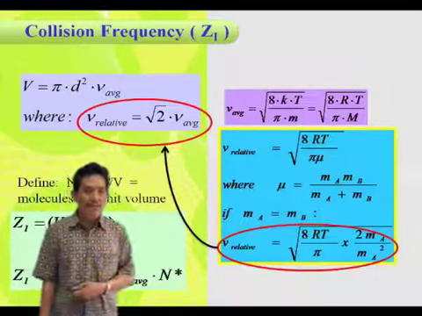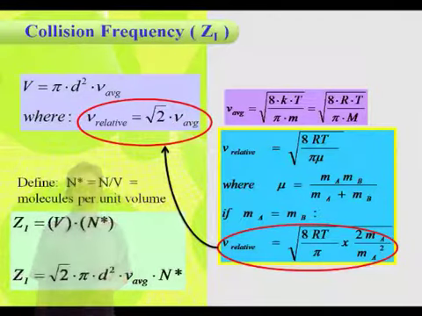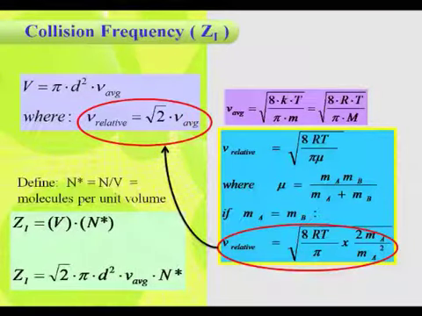The frequency of the collision can be calculated by multiplying the v that we have already derived times the density of the molecules, N divided by V, with the star. So we have collision frequency Z1 equal to the v times N star.